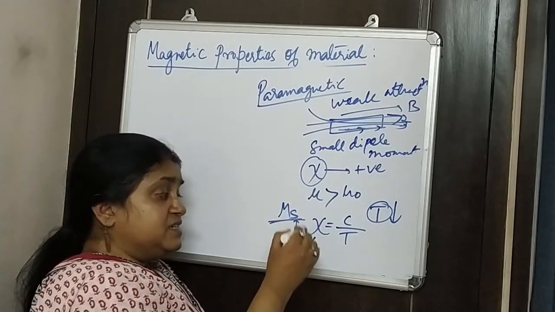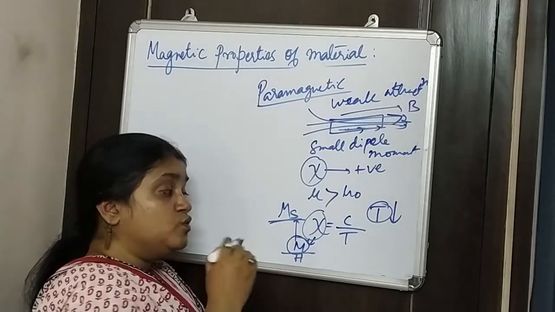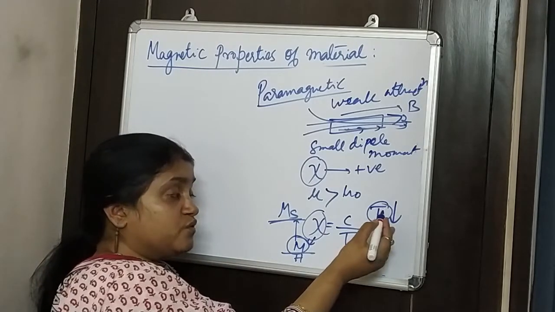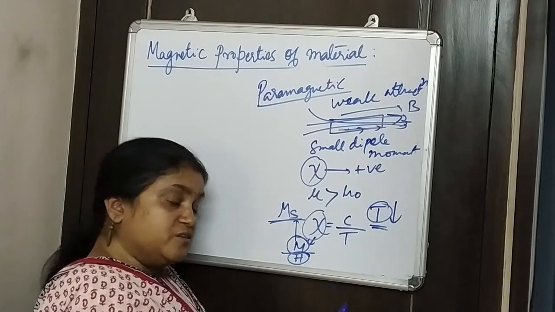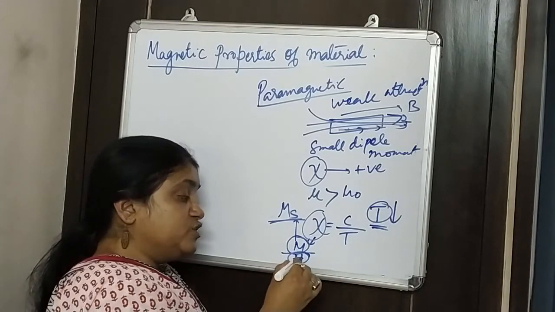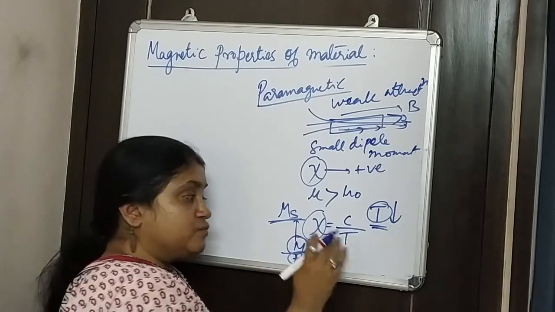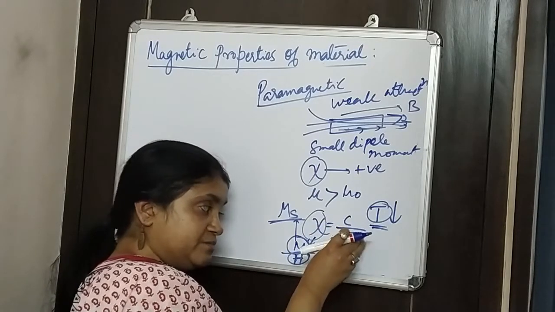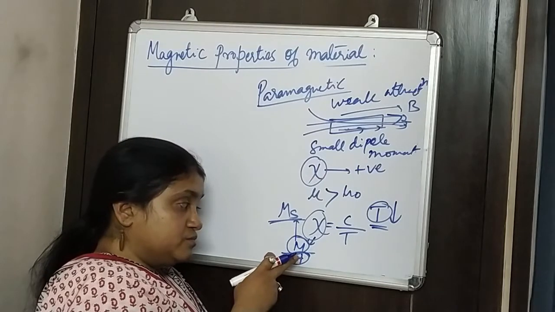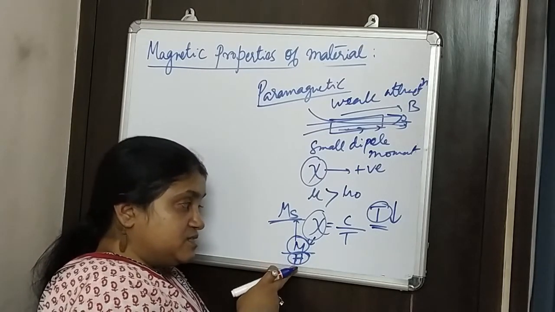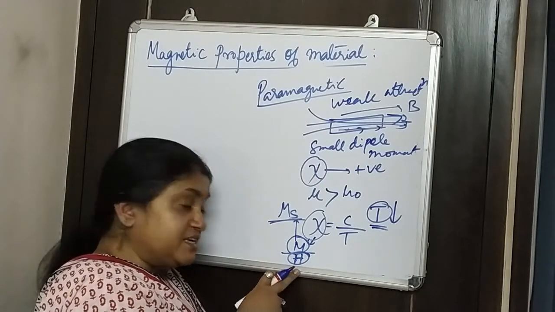Till then this chi value would start to increase when you decrease the temperature, or another way is when you try to increase the magnetic field. Suppose you just keep the temperature as it is, or you just try to decrease this magnetic intensity.